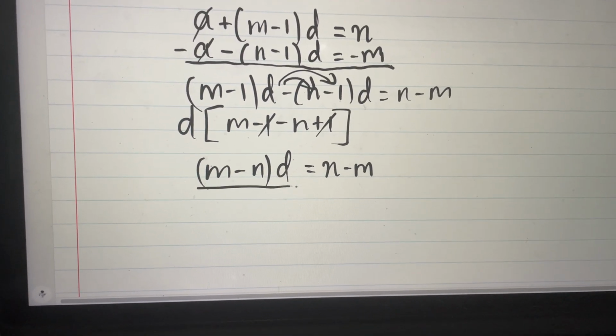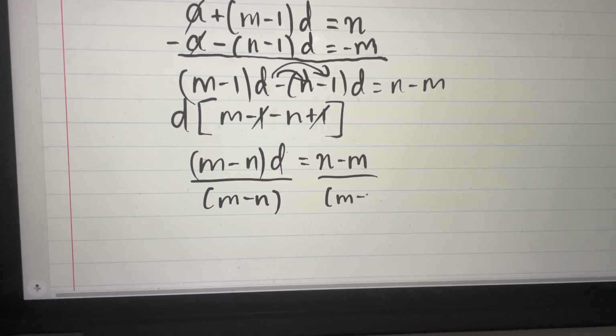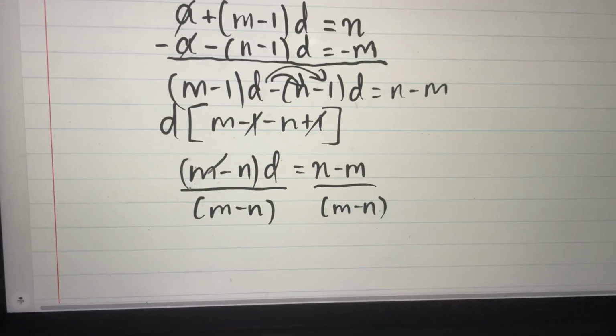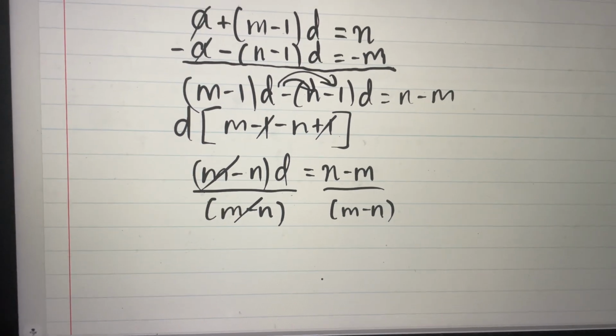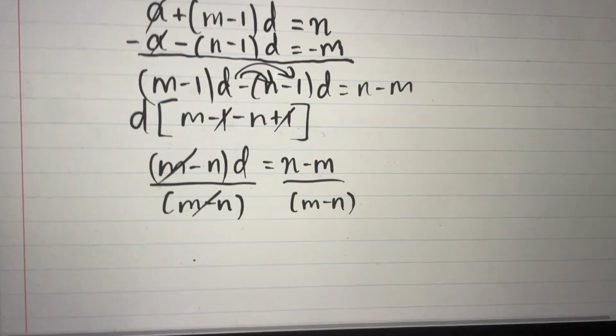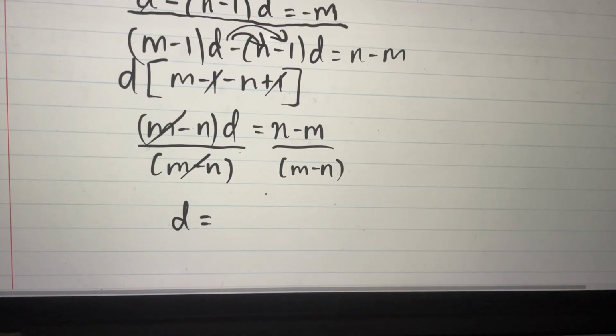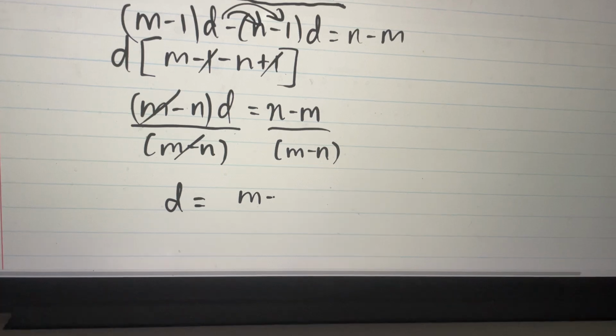Alright, m minus n. So we are going to isolate d. You may see this is jargon and looks so frightening. What do we do? This is a small technique I'm going to show you.